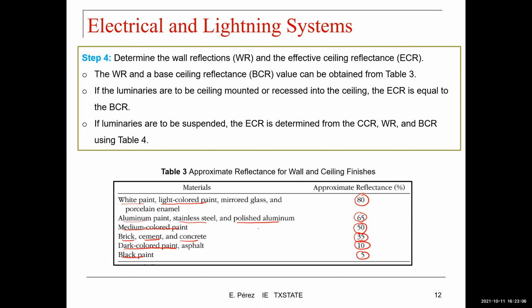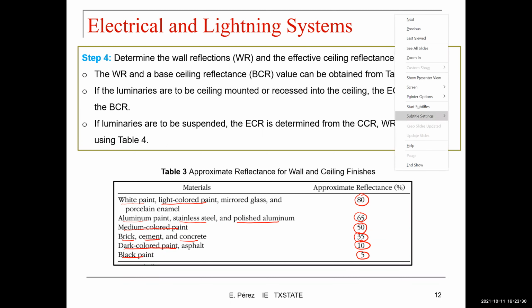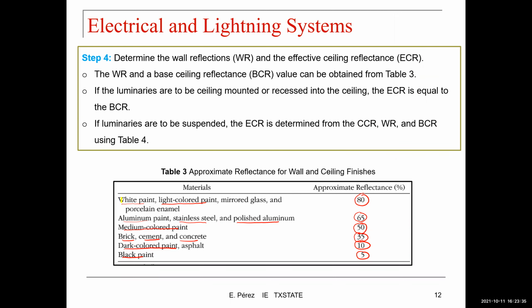The problem says that the walls are to be painted white and all luminaries are to be cleaned every 24 months. So from the problem we get the white paint, and the approximate reflectance is 80%.